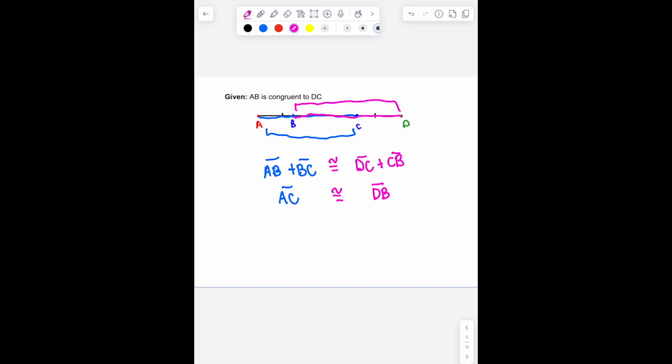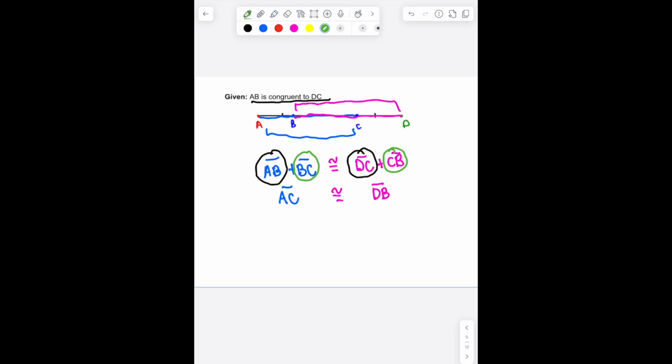Let's talk about why this addition works. In order for us to be able to do this addition, we have to be starting with 2 congruent things, and AB is congruent to DC because that was the given information. And we also have to be adding on 2 congruent things. So we do need to know that BC is congruent to CB, and that wasn't given to us.